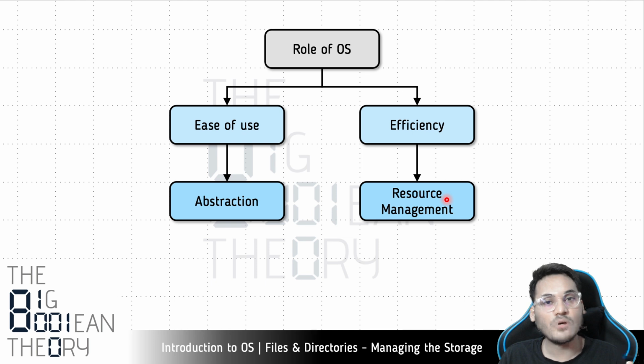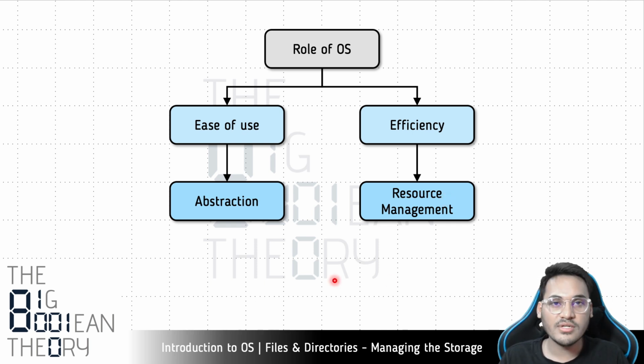And when it comes to performance, the operating system uses techniques like caching and buffering to increase the performance of the storage. And apart from these, it also takes care of certain miscellaneous activities like storage initialization, formatting, and ensuring that the data is written in a reliable manner. So all of these are the responsibilities of the operating system, and it does careful resource management in the context of storage devices so that they are used in an efficient fashion.